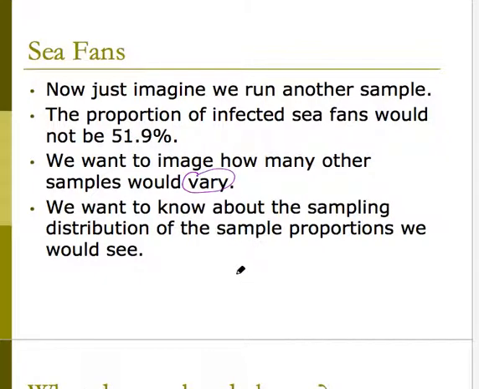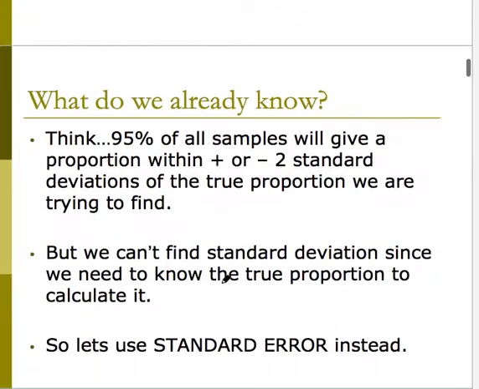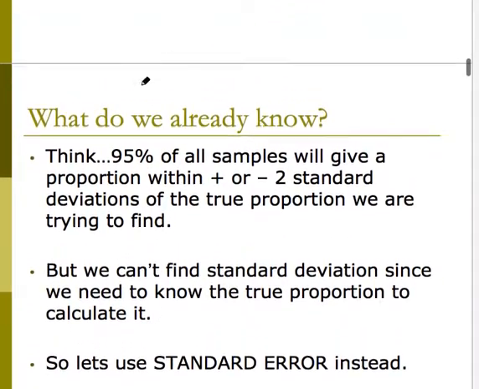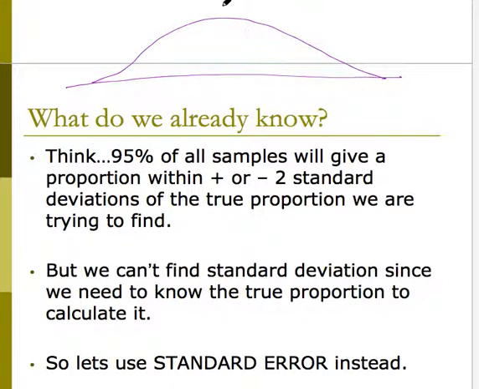So we want to know about the sampling distribution of the sample proportions that we would see. Okay, so what do we know? Well, remember our normal distribution, and that is going to come back a lot in these next few chapters. In our normal distribution, we have the mean in the middle, so that's what our proportion is.